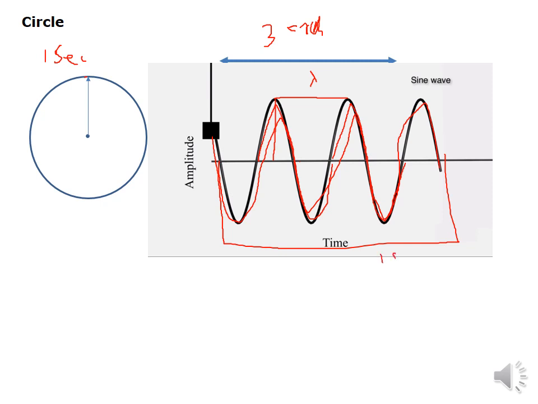So the number of cycles completed in 1 second is called frequency. In this case, let's suppose the time here is 1 second, and if in 1 second we have 3 cycles, this will be known as the frequency of this signal.